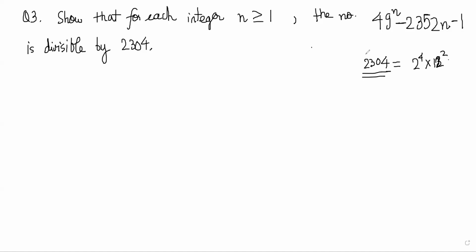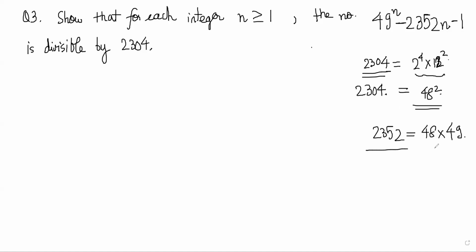So think about it. 12, 11, 108. Yeah, it is divisible by 12. So this is basically meaning that it is 48 square. 2304 is 48 square. And you can also realize that 2352 is equal to 48 times 49. These are just the values from the numbers itself. You can figure this out, right?